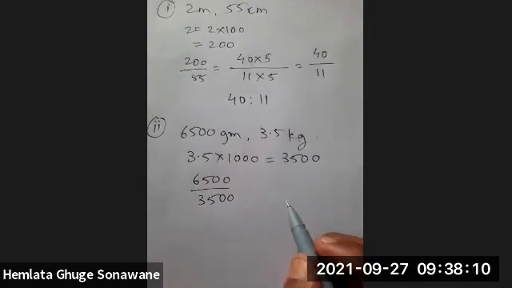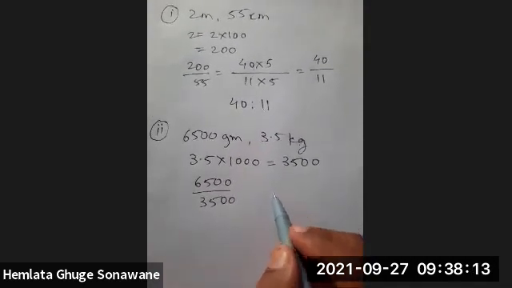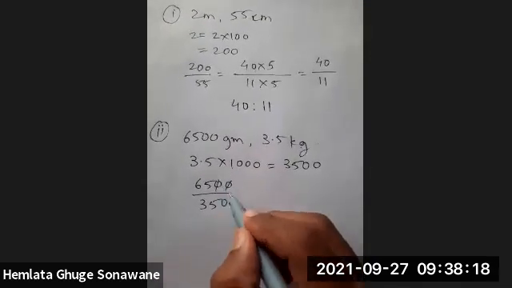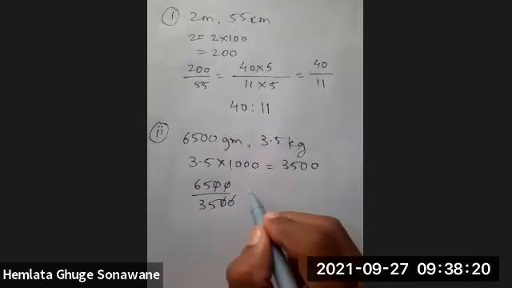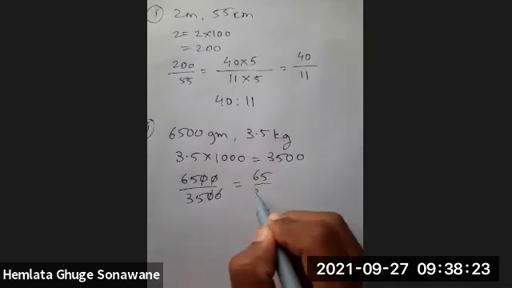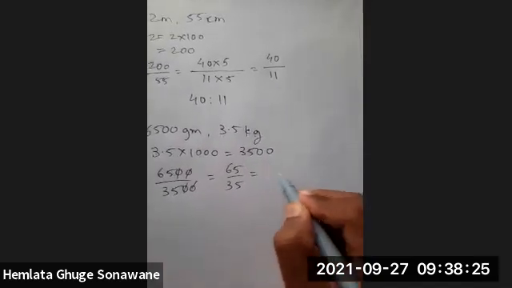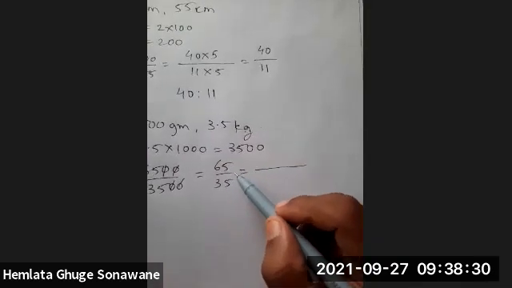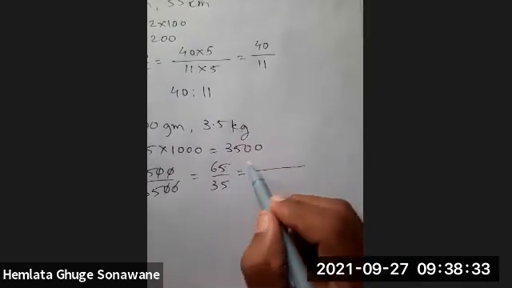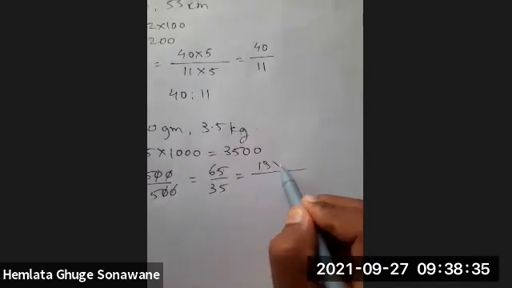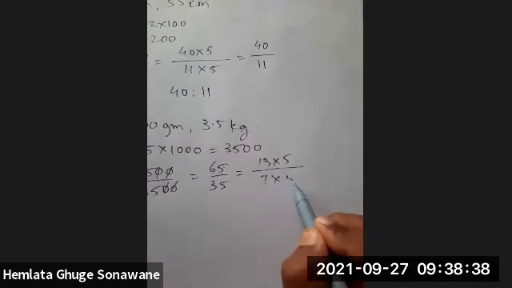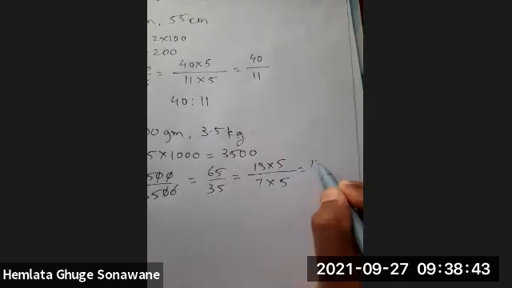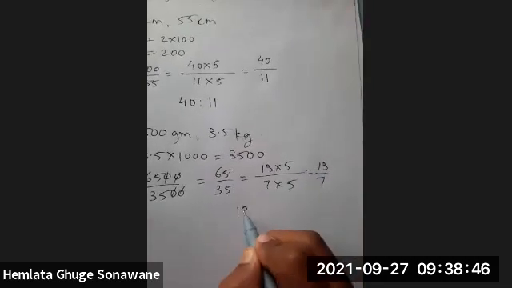We'll simplify here and cut the zeros. So it becomes 65 upon 35. Now we have to find the number with which we can simplify both numbers. 13 fives are 65 and 7 fives are 35. So it becomes 13 upon 7. That is, the ratio is 13 is to 7.